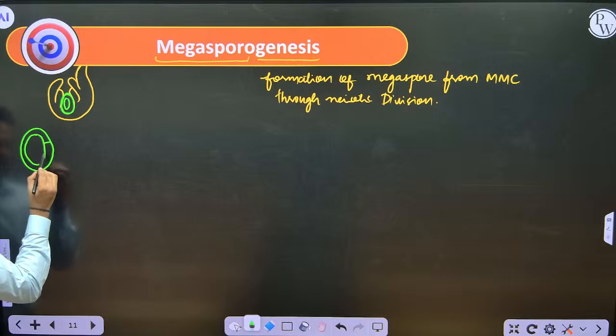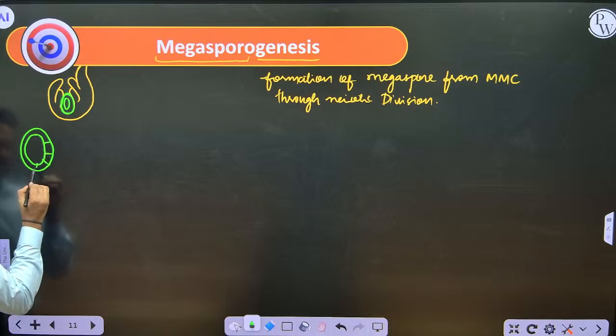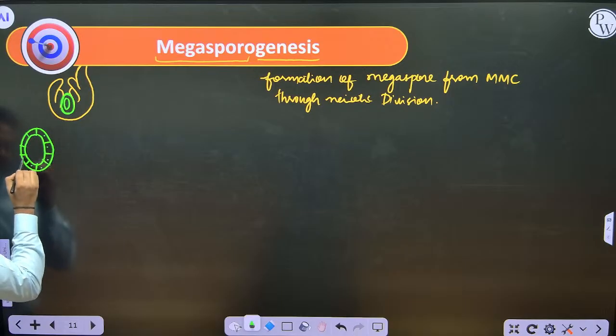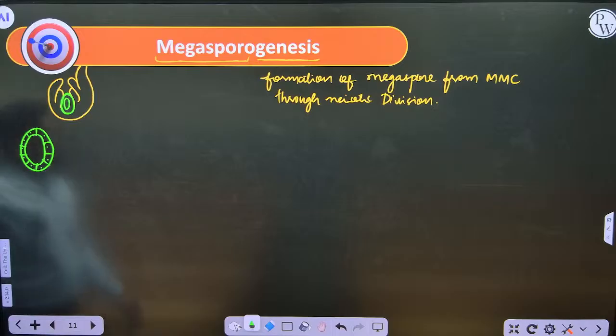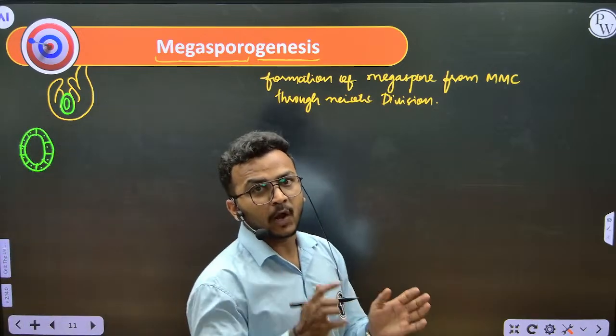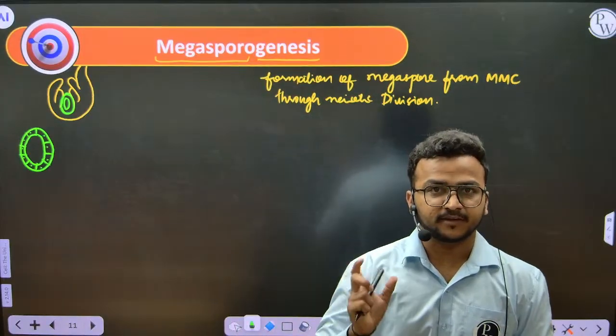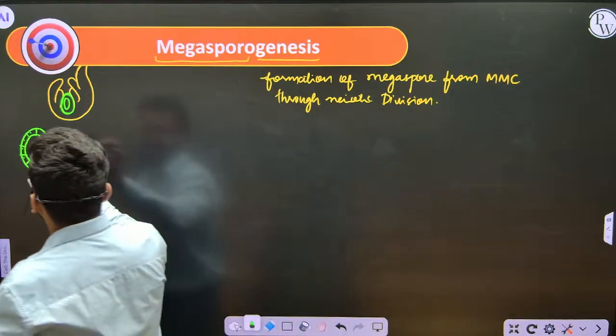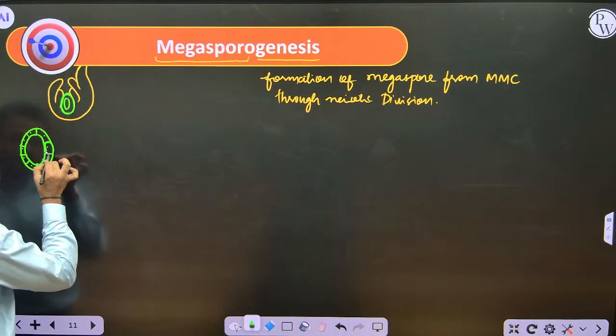These nucellus cells are food reserve material. They contain food reserves, and the ploidy of this one, ploidy means a set of chromosomes within a cell. So the ploidy of this cell will be 2n.